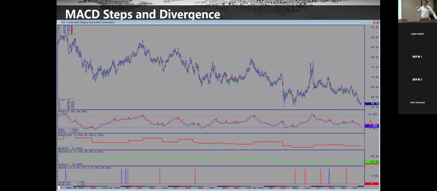So you want the two to be correlated in a certain way over a certain number of bars. You have to be fairly flexible because it does not always happen on the same bar. You may have a slight, 2 or 3 bar delay. So you have to have a little bit of flexibility for that to happen. So the divergence is one thing.